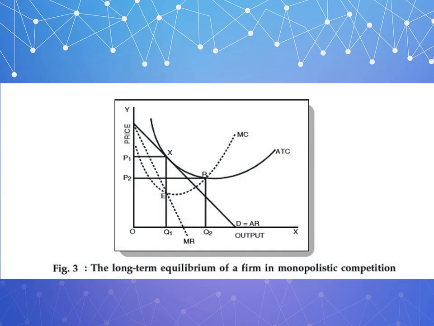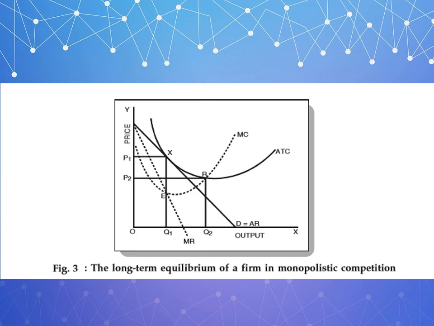This diagram shows you the monopolistically competitive firm's long-run behavior of price and output. If firms in monopolistic competition earn supernormal profits in the short run, then new firms will have an incentive to enter the industry. As these firms enter, the profits per firm decrease as the total demand gets shared between a large number of firms.